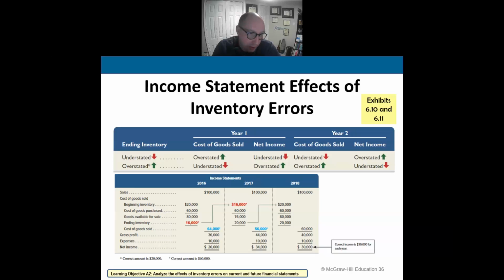It could be from shrinkage, it could be from errors in counting the available inventory, etc. But errors happen, and so we need to identify those errors and then make corrections for them.